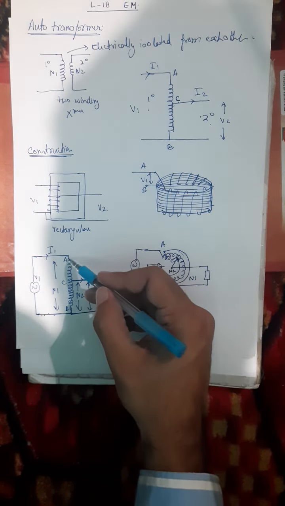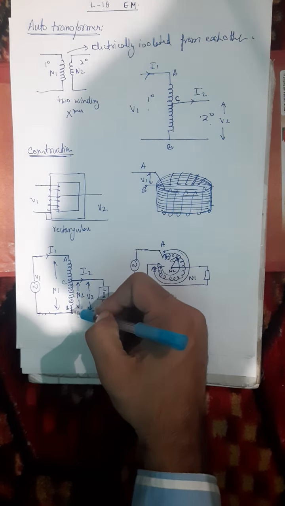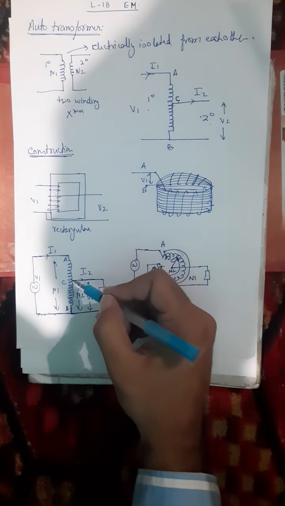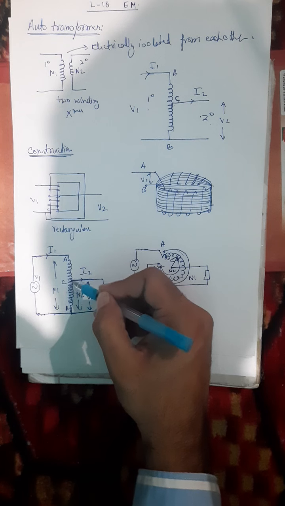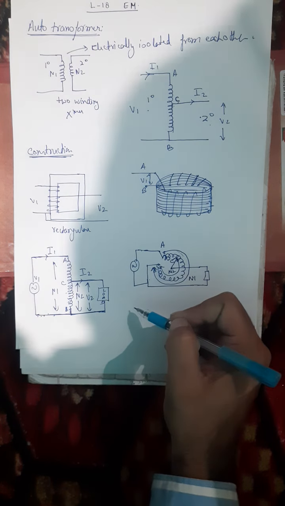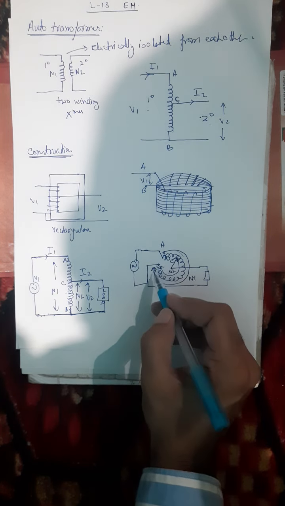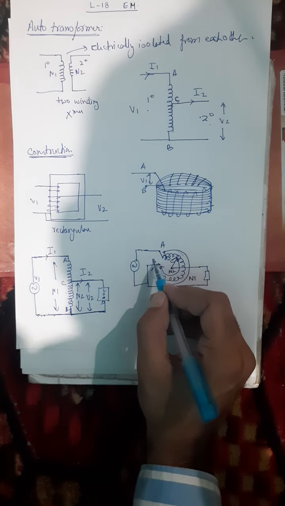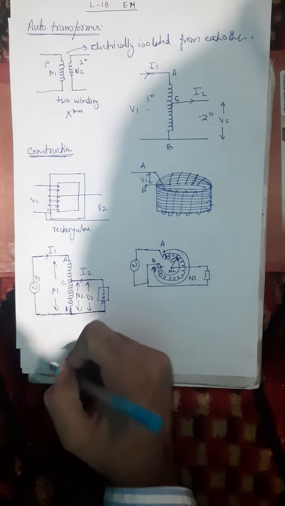A to B is acting as the primary, and B to C is acting as the secondary. Same is the case here: A to B primary, and B to C secondary.